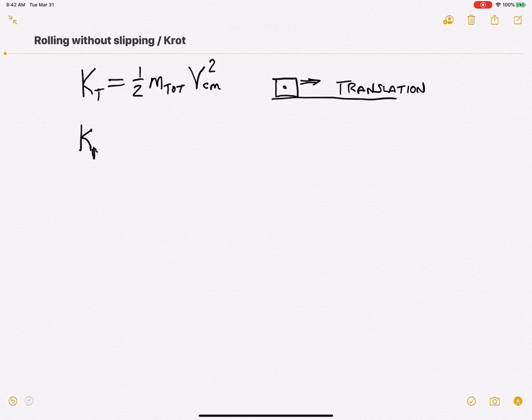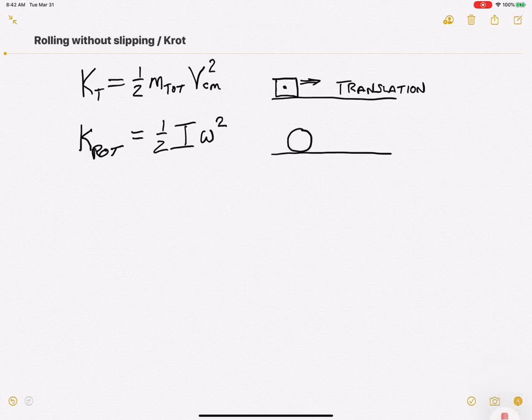We saw briefly in the other lecture that we can have a rotational kinetic energy based upon how something rolls. So in this case, we have an object. It has a moment of inertia, I, usually with a radius, so that we can figure out what I is equal to.